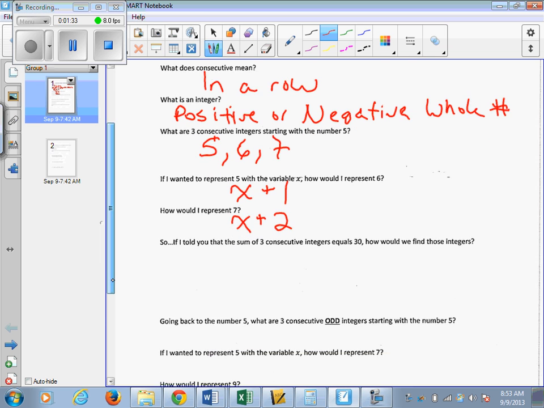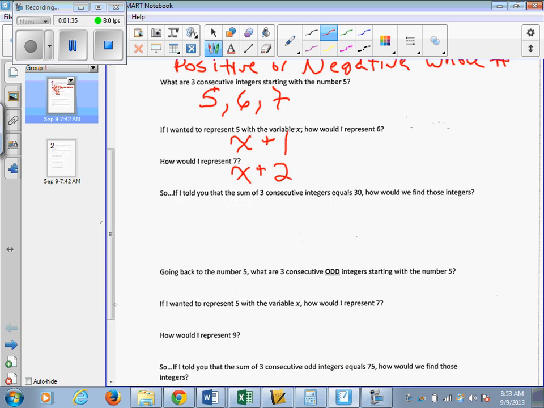So if I told you that the sum of three consecutive integers equals 30, how would we find those integers? Well, first we have to look at the keyword sum, which means we're adding. So we have x for our first integer because we don't know what it is. We're adding, so plus. Our next integer, because we know it's in a row, is going to be x plus 1.